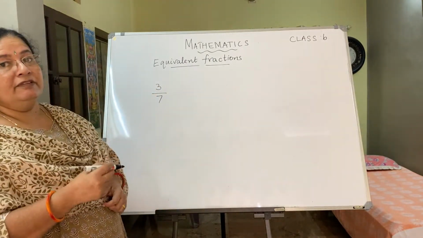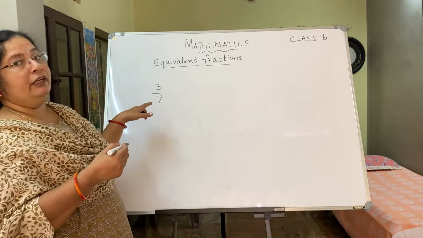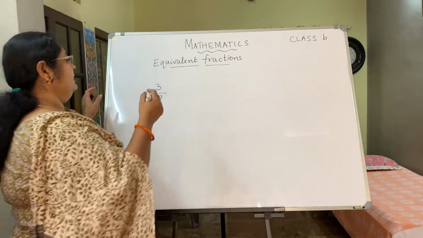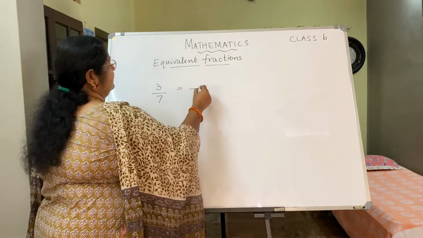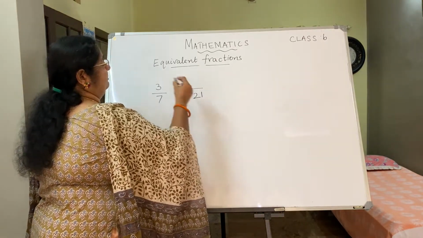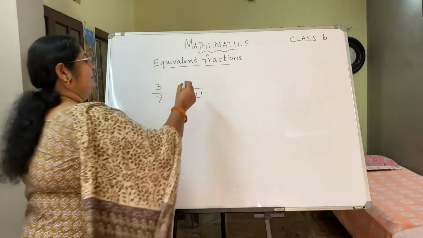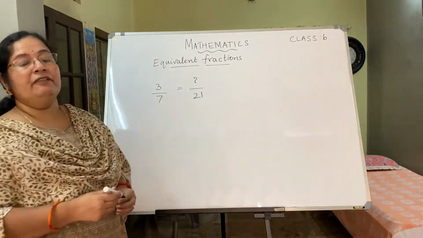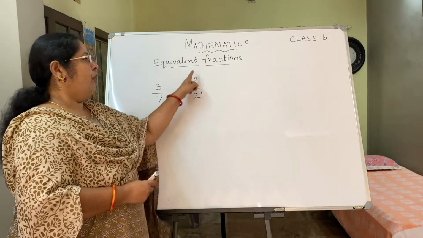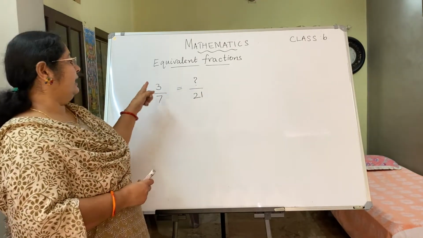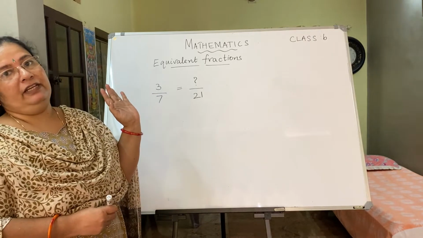Okay. So for example, let us take 3 by 7. 3 by 7 is a fraction. You are asked to find an equivalent fraction for this whose denominator is 21. So we have to find the numerator so that this will form the equivalent fraction for 3 by 7.